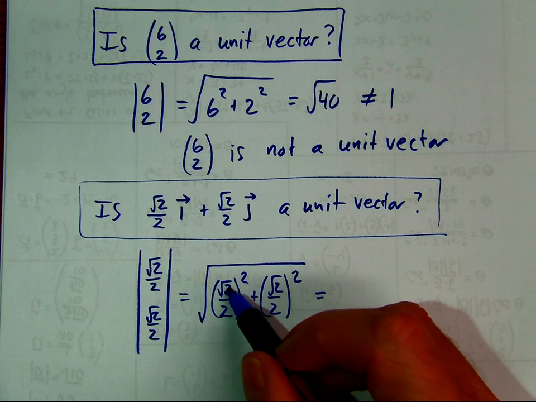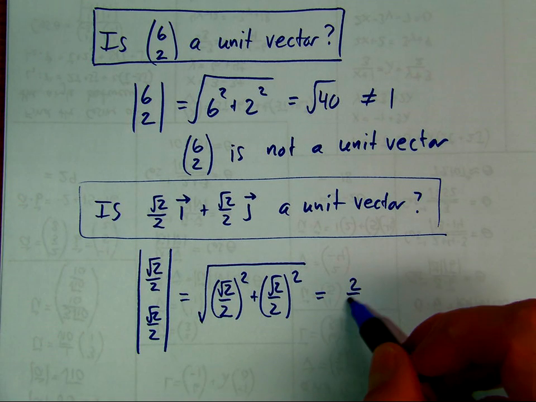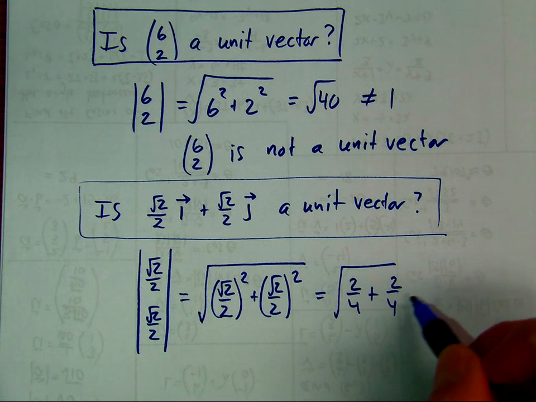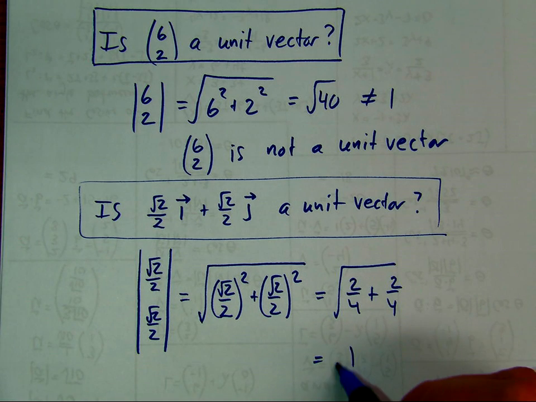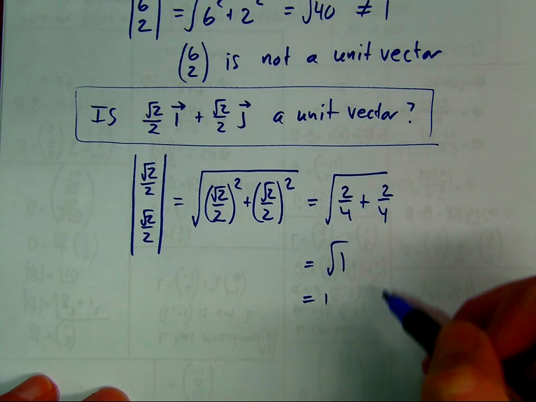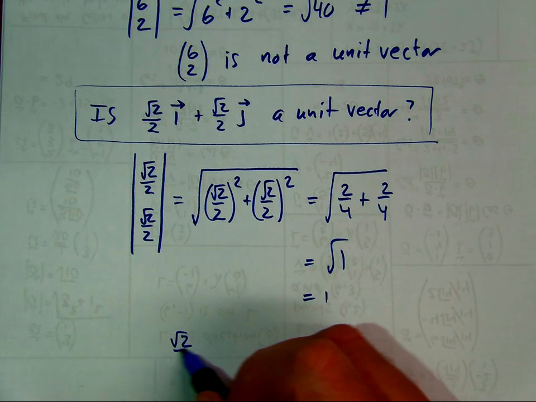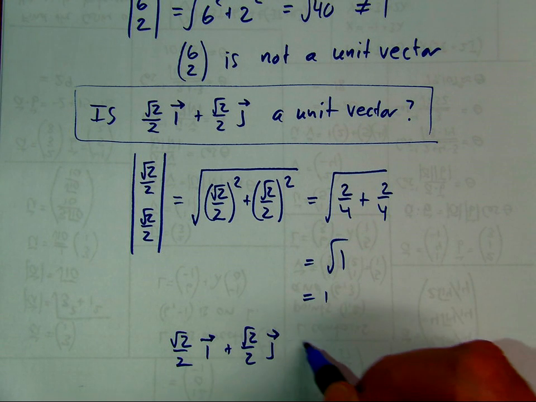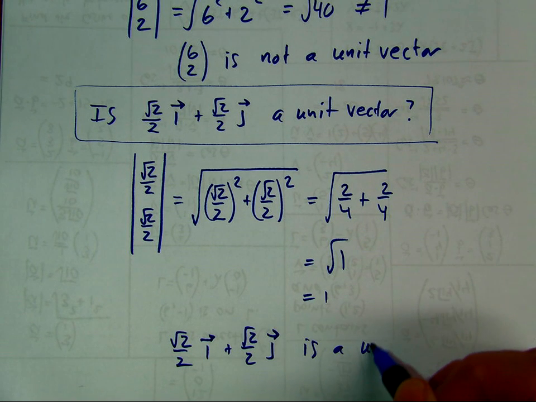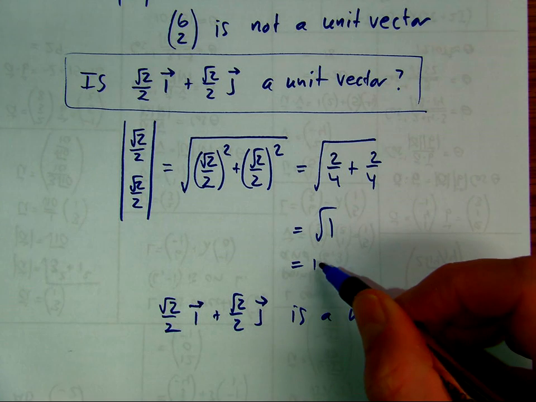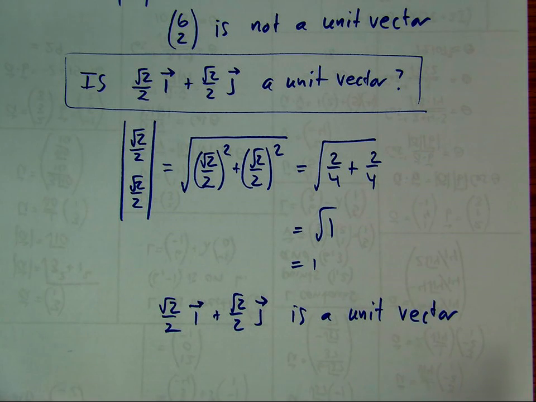And that's going to be 2 over 4 plus 2 over 4. And that equals 4 over 4. So we see that it is a unit vector because its magnitude is 1.